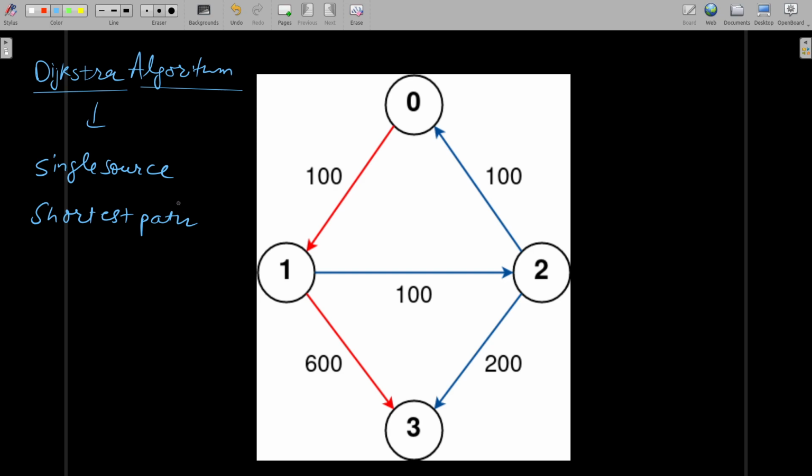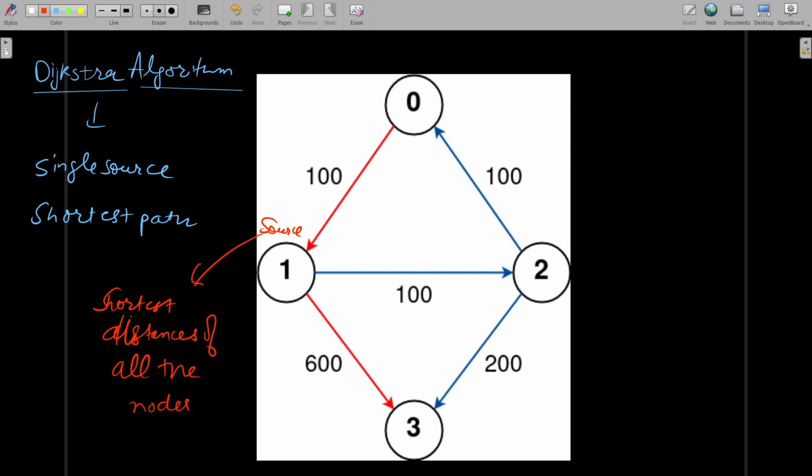Okay, so let's say this is the source that is given to you, and we have to know what will be the shortest distances of all the nodes from this source. What I mean by distance is we are considering price here as a distance.